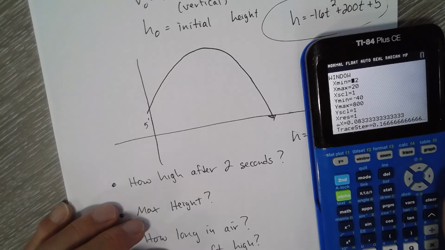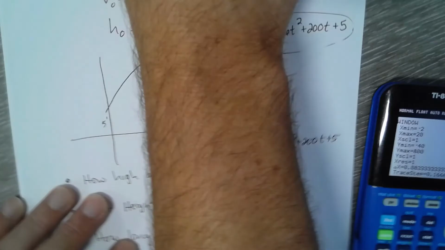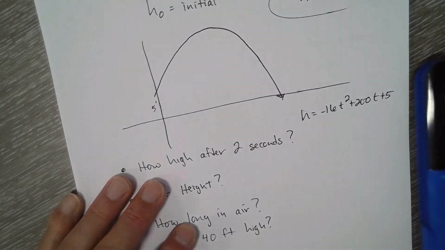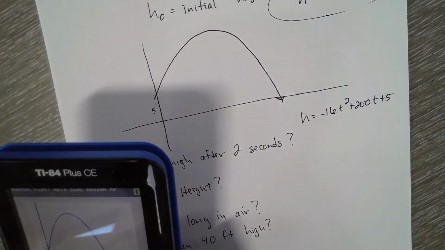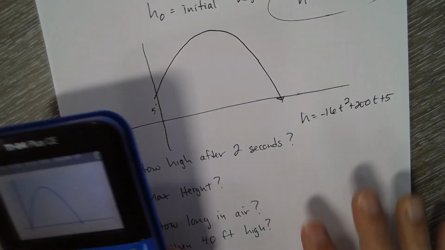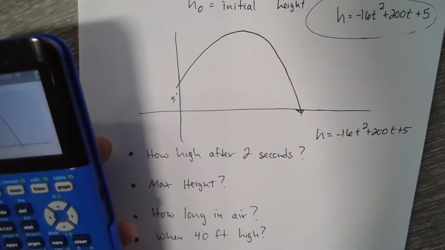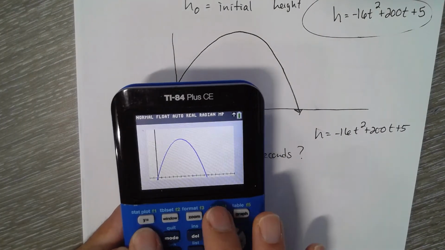How high after 2 seconds? So I've given the class some time. What are we doing for this? What do we have to do? Good. Calculate value. 2 seconds. So we're going to use a calculator. There's my graph. I'm going to calculate value.